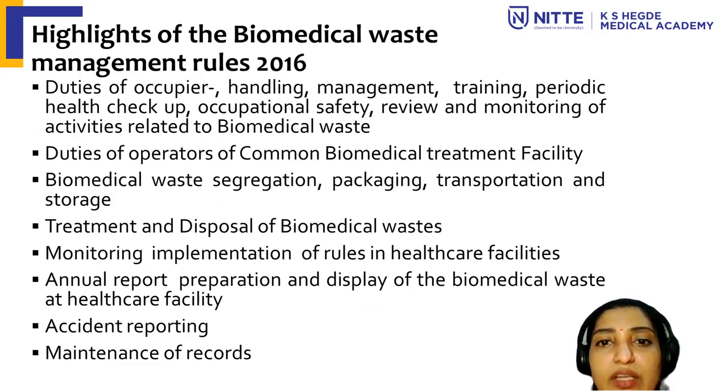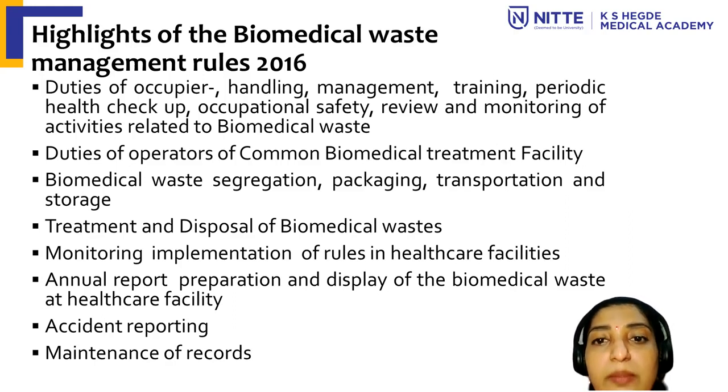So the highlights include that compared to the 1998 guidelines, there are rules laid down for the occupier for the common biomedical treatment facility. There were about 10 categories of wastes which were mentioned in the previous module, which are now color coded and in a more simplified manner, and packaging, transport and storage related guidelines were mentioned clearly.